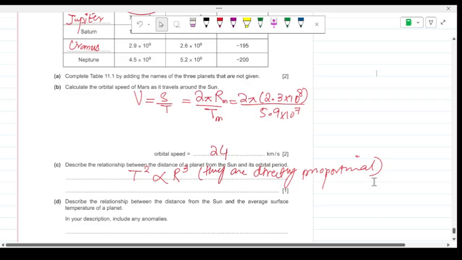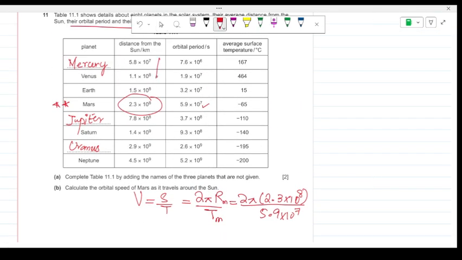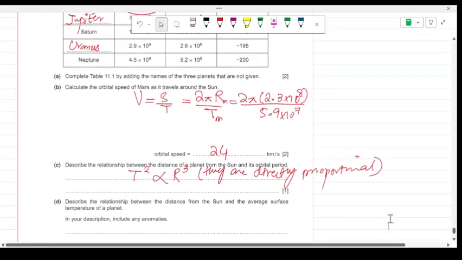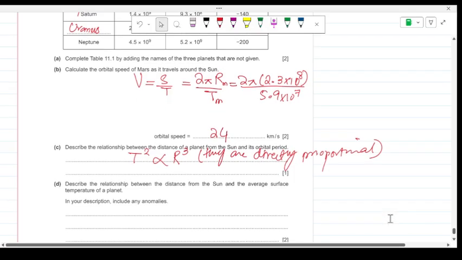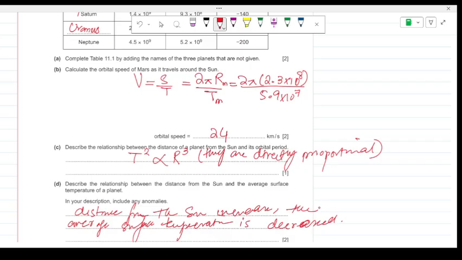If we observe the table, as the distance increases, the average surface temperature is also decreasing. So as the distance from the sun increases, the average surface temperature of the planet decreases. We can write that they are inversely proportional.